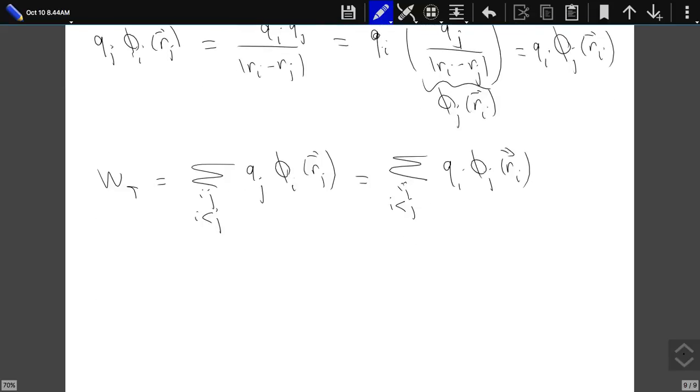Now, let me just change the indices. I'm just renaming indices. Instead of i I will be putting j, instead of j I will be putting i. So the sum over j less than i of Qj phi i of rj.